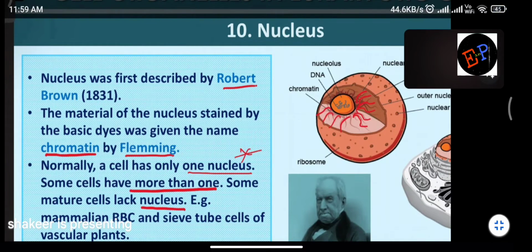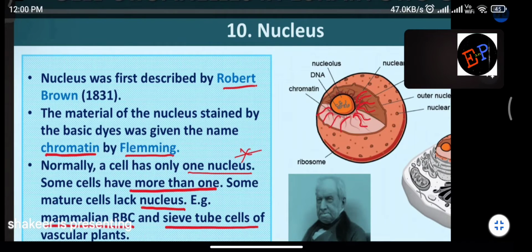Clear, ma? So for example, mammalian RBC, that is the RBC present in mammals, when they mature, nucleus will be absent. Okay. And sieve tube cells of vascular plants. We know what is meant by sieve tube cells, ma? In the plant cells we have studied. Vascular plants means what? Vascular bundles means xylem and phloem only, no?